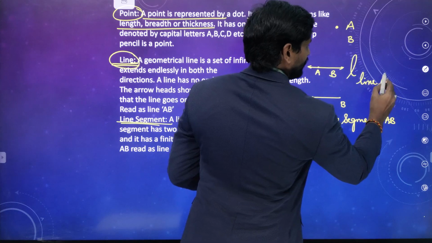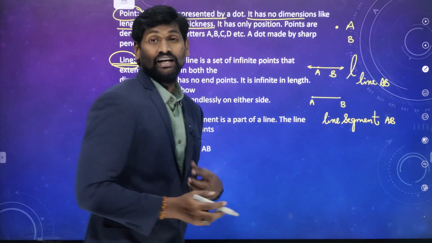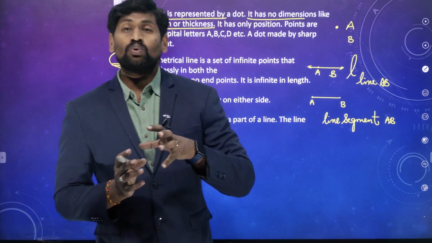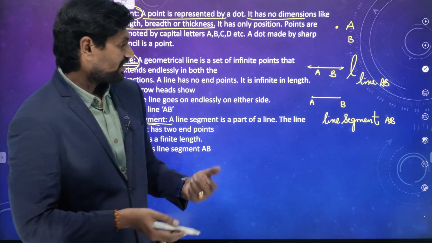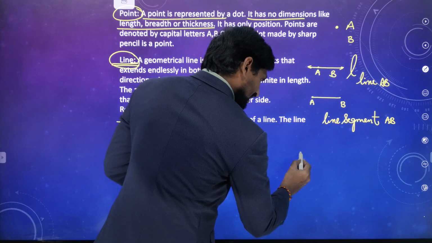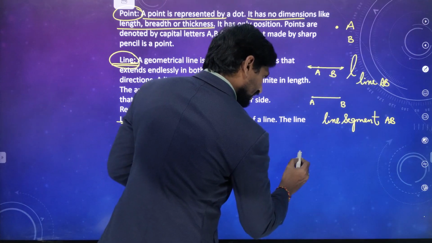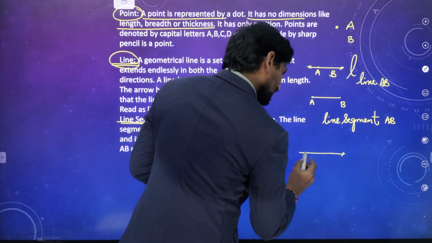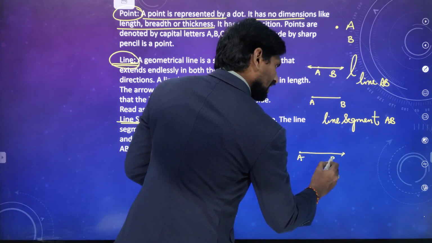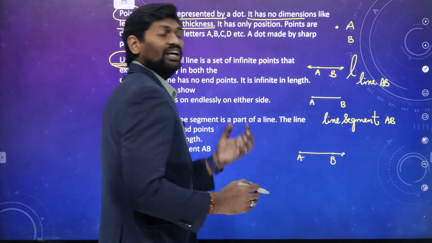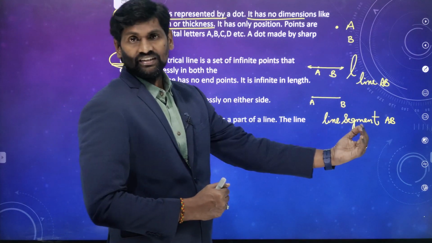In the same way, we should discuss the ray. A ray is also one part of a line. While you are observing the ray, it has only one endpoint, and it can be extended in only one direction.